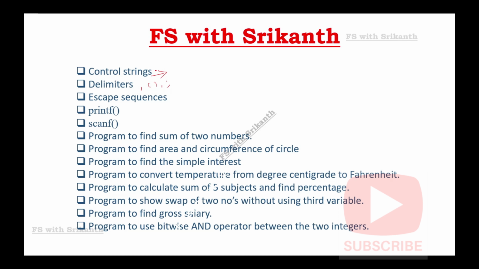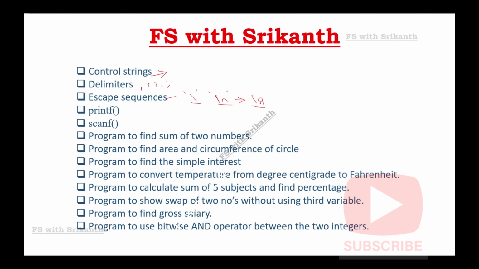And one more is escape sequence. There are some special characters along with a backslash, and we call those escape sequences. Suppose there is a \n, the compiler treats it as an escape sequence, and the text can be divided into two parts.